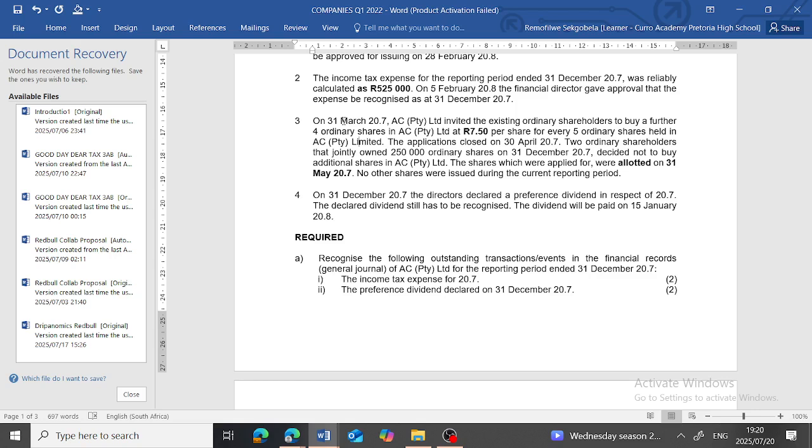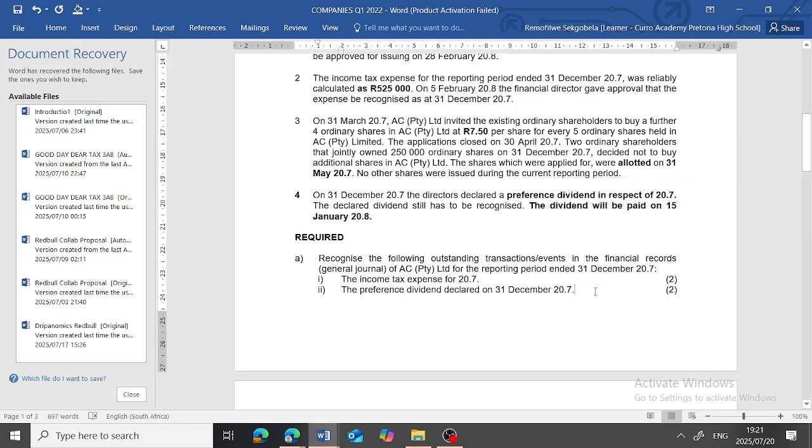Two ordinary shareholders that jointly own 250 shares decided not to buy the additional shares. The shares which were applied for were allotted on the 31st of May. No other shares were issued during this period. And then number 4, on the 31st of December 2017, the directors declared the preference dividends of 2017, and it still needs to be recognized. The dividend will be paid on the 15th.